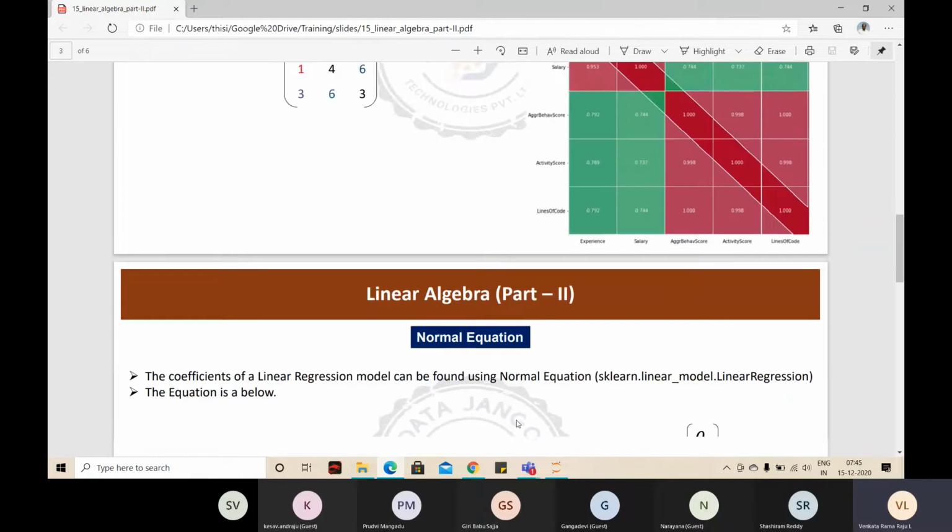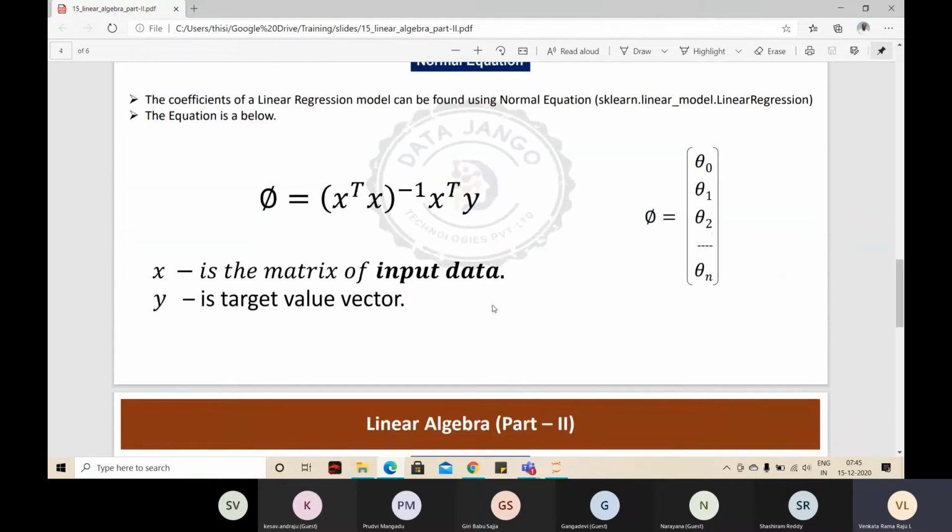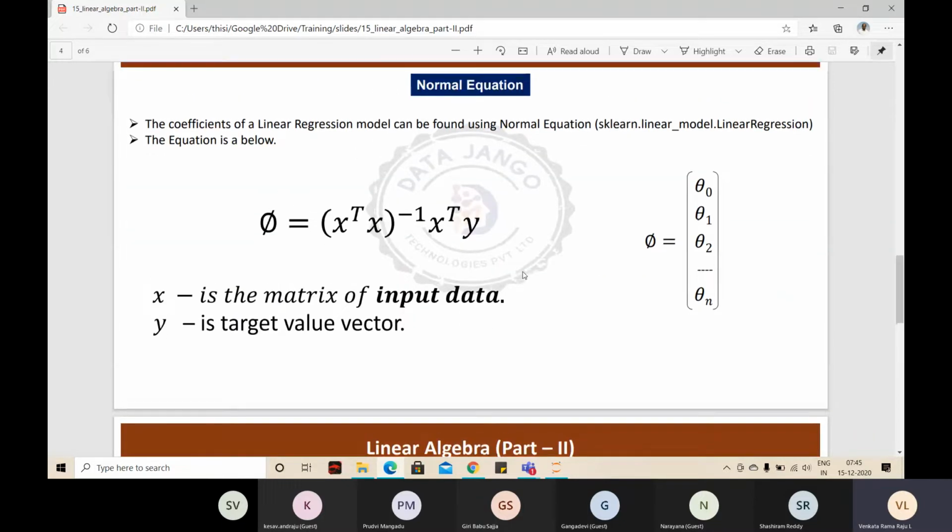So let us try to understand how exactly the linear regression algorithm is finding theta in a single shot. I told you, I don't know whether you remember it or not. When you pass your data set, the algorithm will take its hypothesis function and form equations of the hypothesis function with the data you passed.